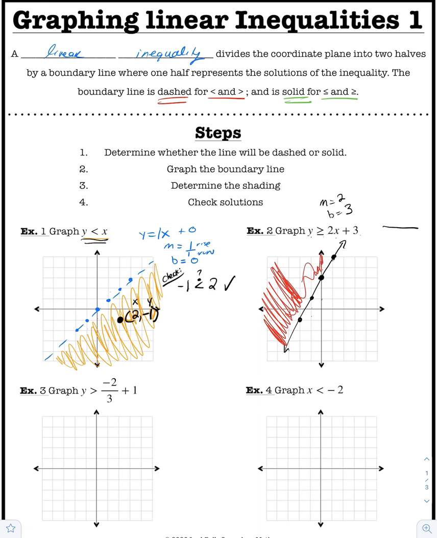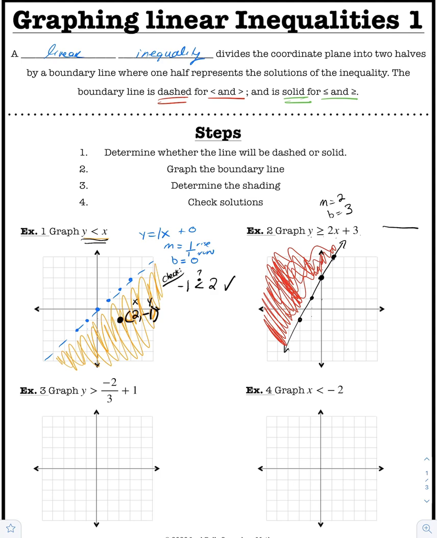Not just up here, but anywhere. All these y values are greater than our 2x plus 3. So now let's try a point. It's real comfortable to use a point like 0, 0 just because it's so easy. But a lot of times we like to use points that we assume are in the solution set.